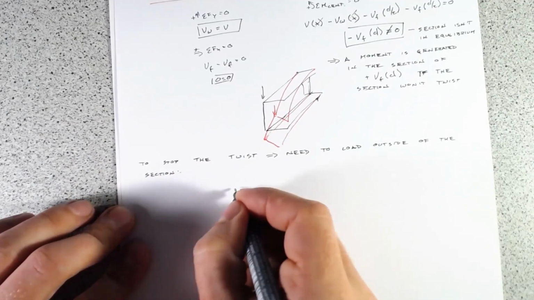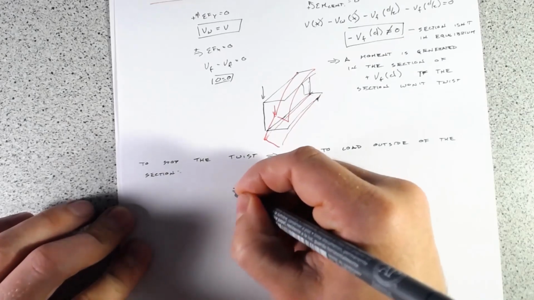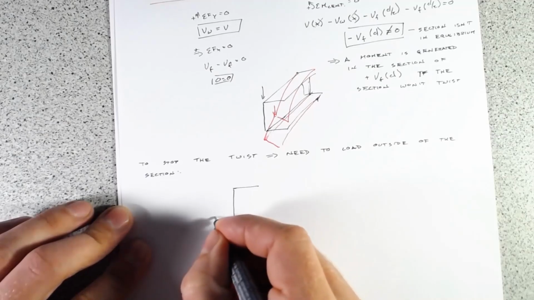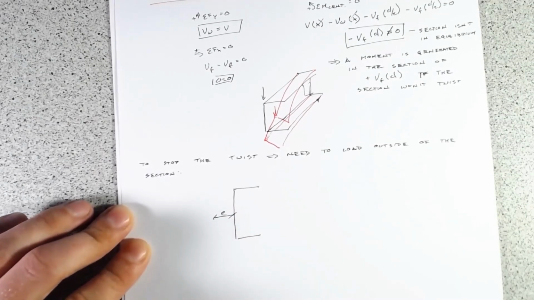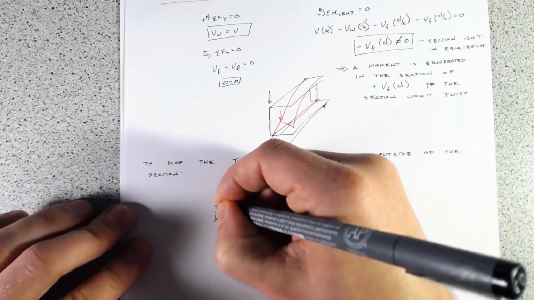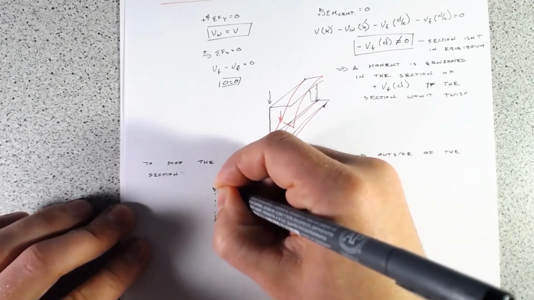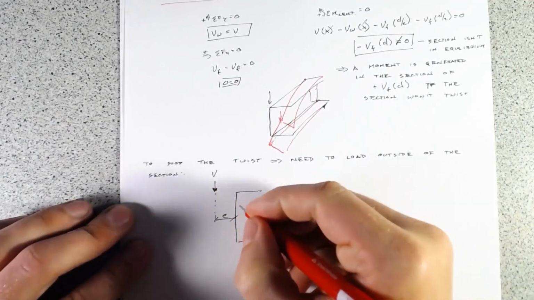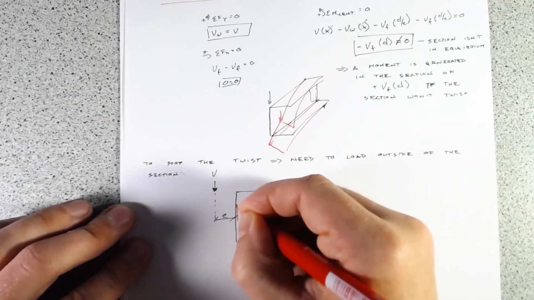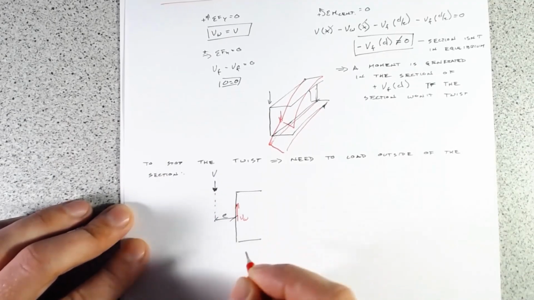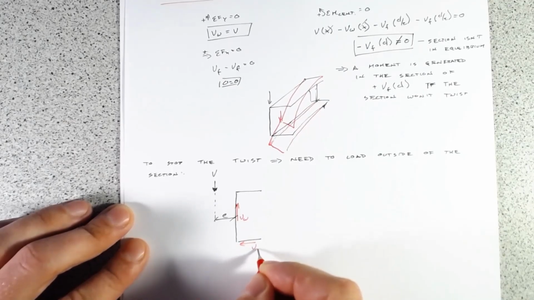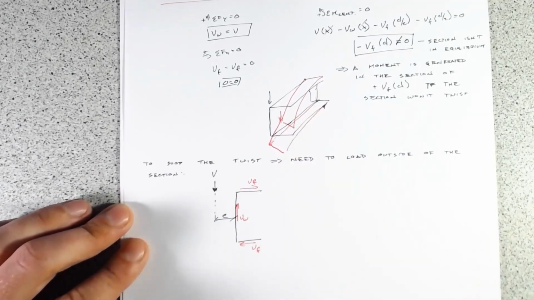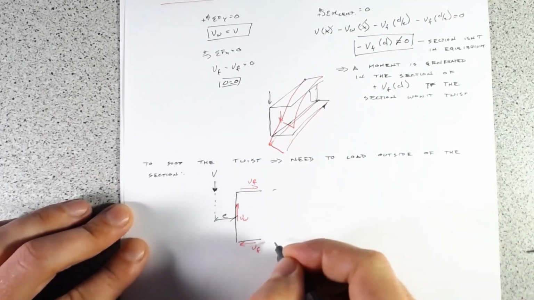So we'll draw our section again here. We need to load some distance E up here. And again, I'll just draw our forces really quick. V sub W, V sub F, V sub F, and again, this is going to be D over 2.